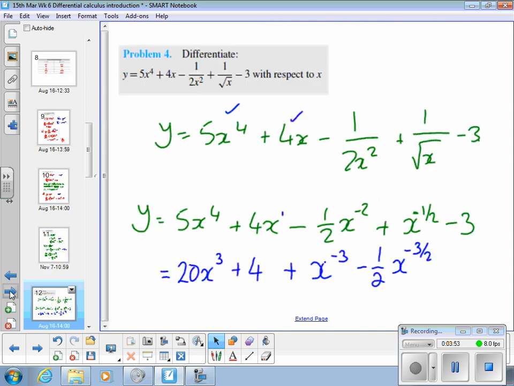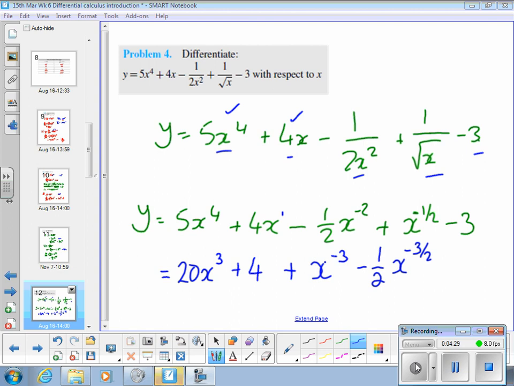We had a look at where we've got more than one term, so several x terms added together. If we want to differentiate 5x to the 4 plus 4x minus 1 over 2x squared, with a square root in there and a constant, what we simply do is differentiate each term separately and add them all together, or subtract as necessary.